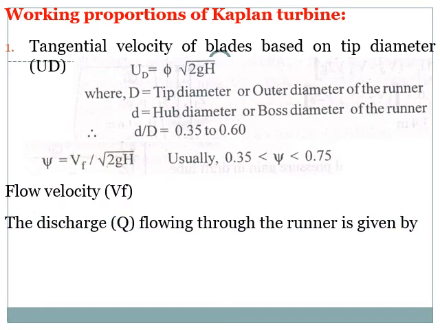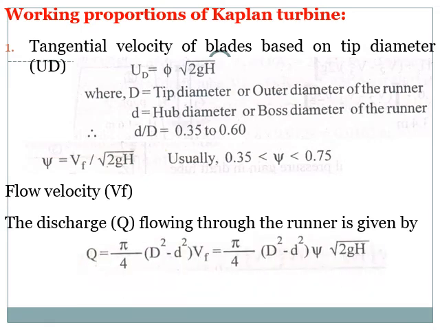The discharge Q flowing through the runner is given by Q equals area into velocity of flow. Here area is pi by 4 into (capital D square minus small d square). Here capital D is the tip diameter and small d is the hub diameter. Sometimes it is also termed as Do square minus Db square, where Db represents the boss diameter or hub diameter.